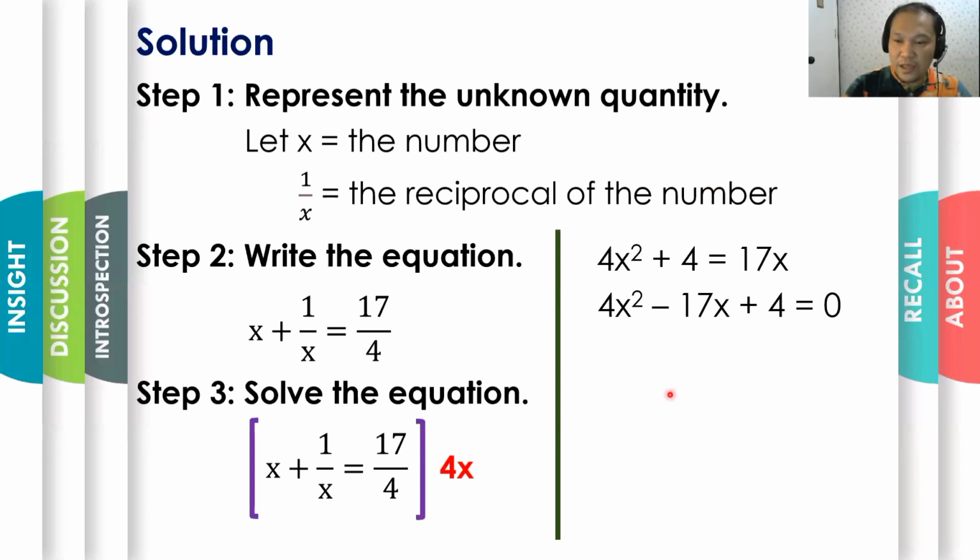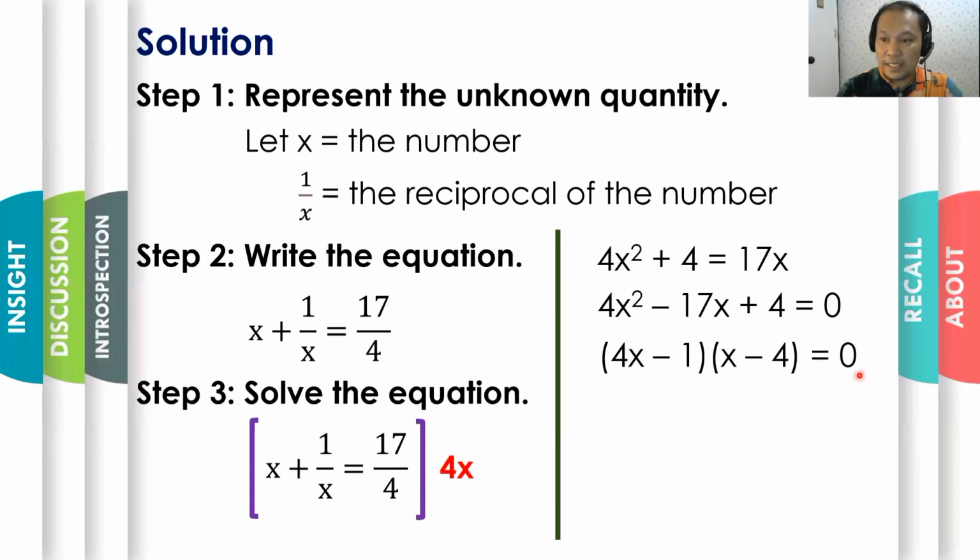Then we are going to get the factors of 4x squared minus 17x plus 4 is equal to 0, which are 4x minus 1 and x minus 4. Then we equate each to 0. Applying the zero product property, we have 4x minus 1 is equal to 0 and x minus 4 is equal to 0.